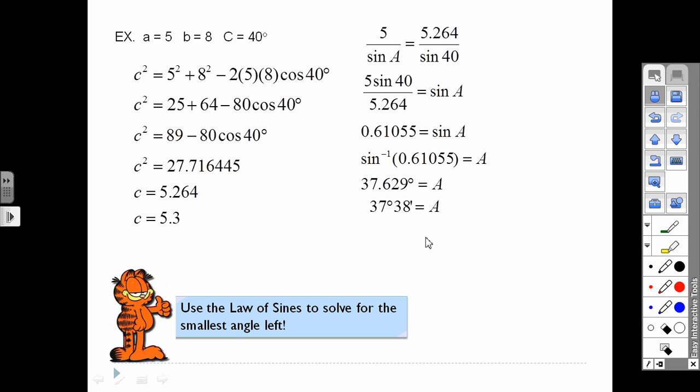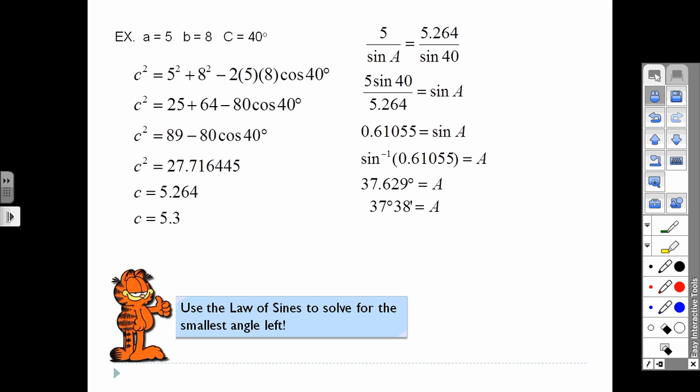Okay, so now that we have angle A is 37 degrees, 38 minutes, we need to figure out what angle B is. And we're not going to use the law of sines to figure it out. We are going to just add angle C and angle A together, and then subtract it from 180. A lot faster, and it'll give you the more correct answer, too.